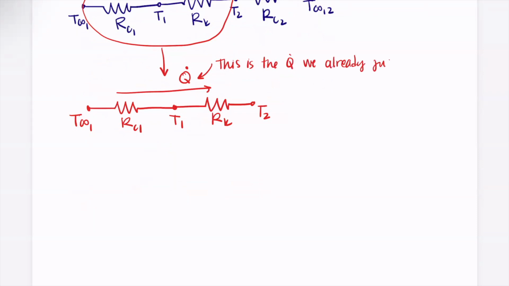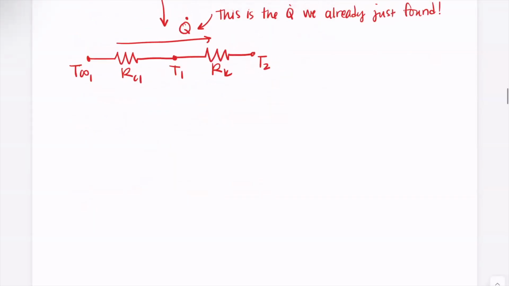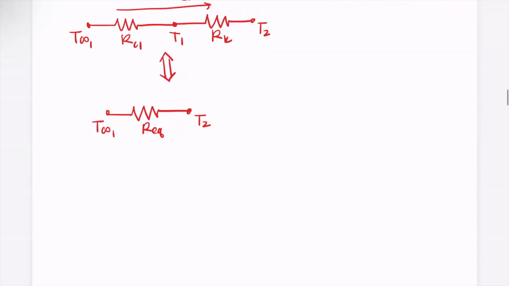This is what we already just found. Okay, and so now our equivalent circuit looks like the following. Where we have T infinity 1 and T2, and this is our equivalent, where our equivalent is our RC1 plus our RK.